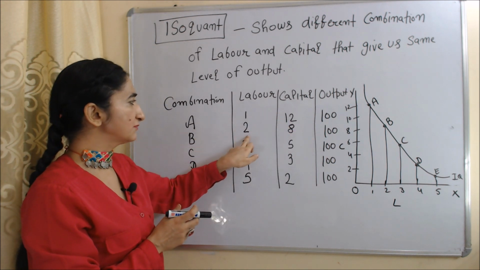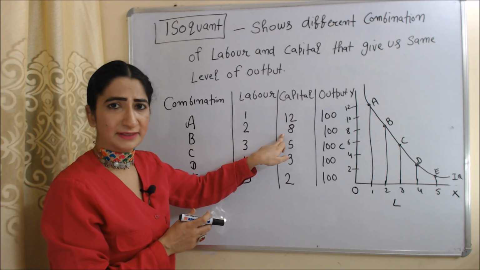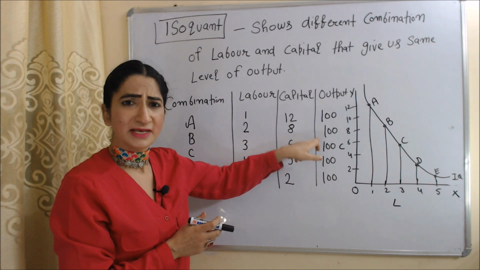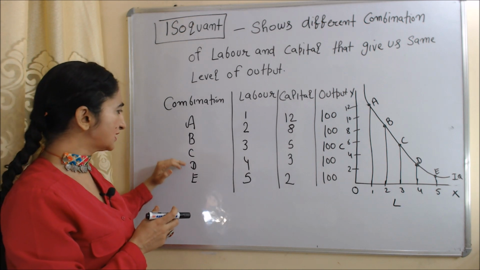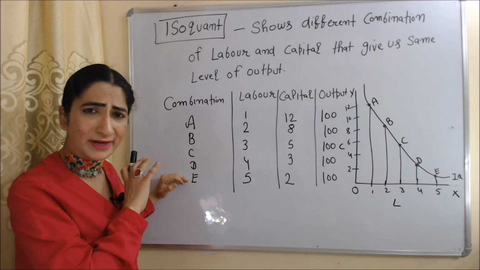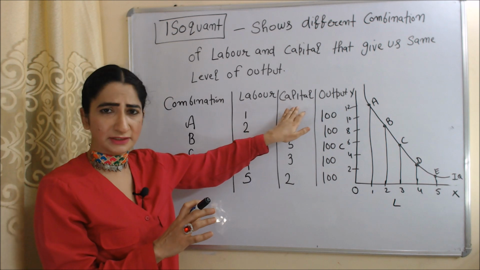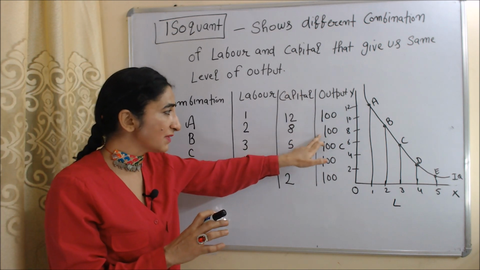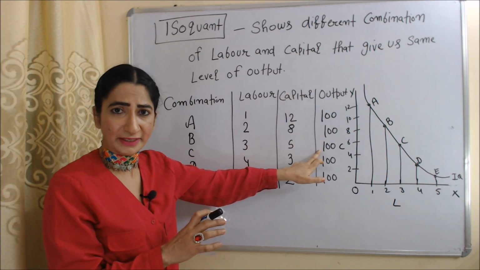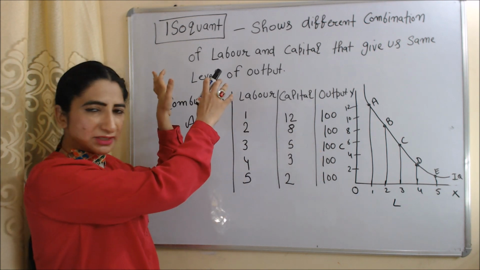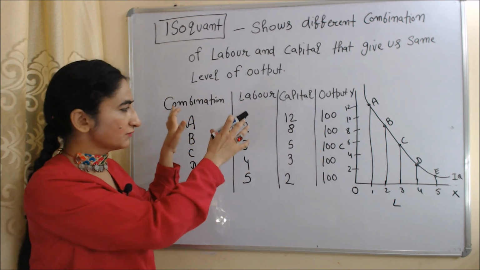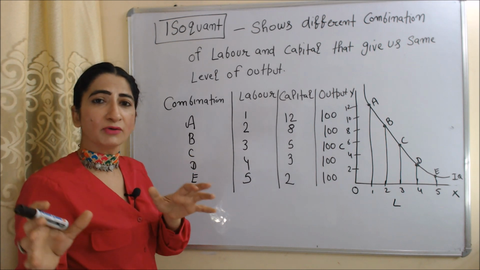At combination B, we are using 2 labor and 8 capital and getting output equal to 100. Similarly, you can see the other combinations C, D and E, but the main thing is that whatever combination of labor and capital you use, you will receive the same amount of output equal to 100. So we can say that isoquant shows different combinations of labor and capital which give us the same amount of output.